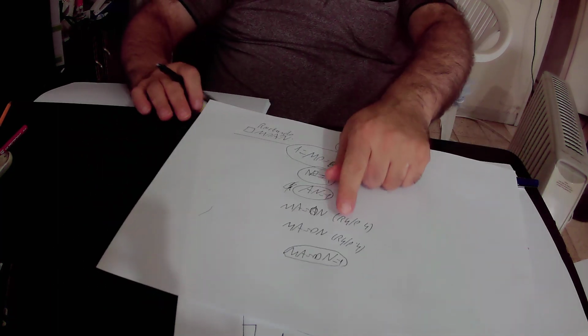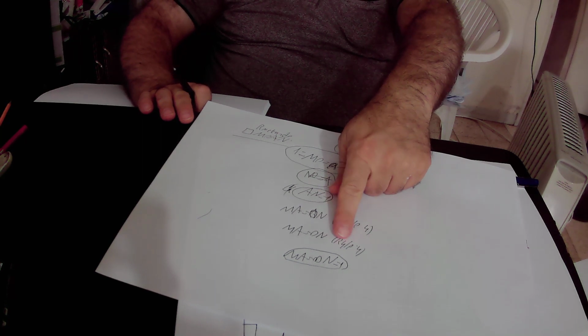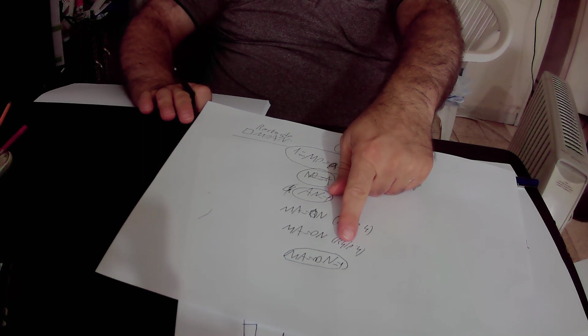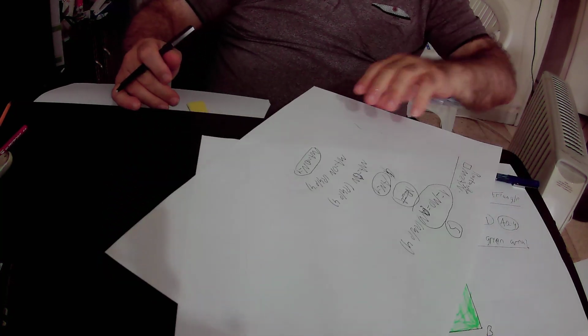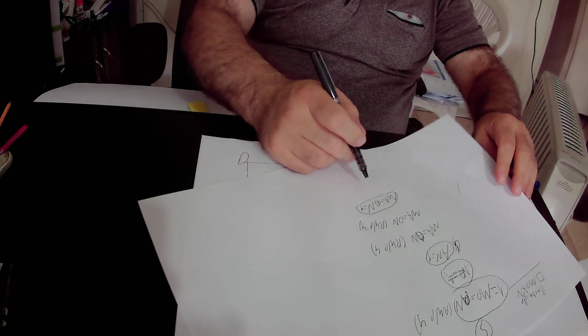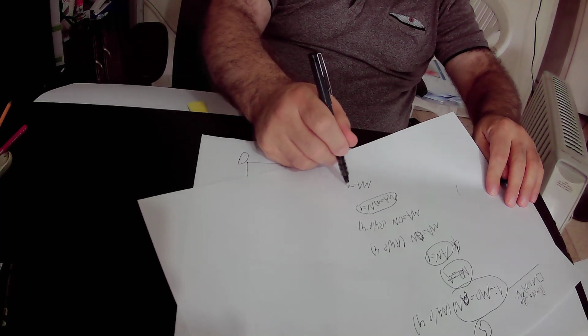We have already found out that OM equals 1 and ON equals 1. So from this equality we get that AM, or MA, also equals 1 unit.